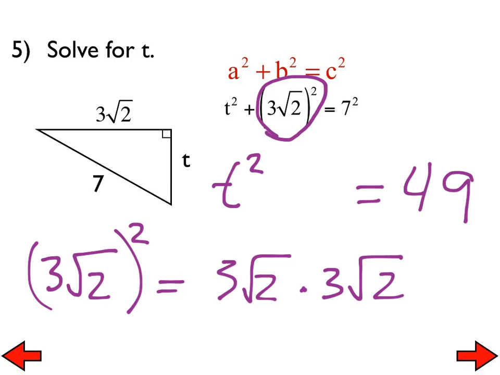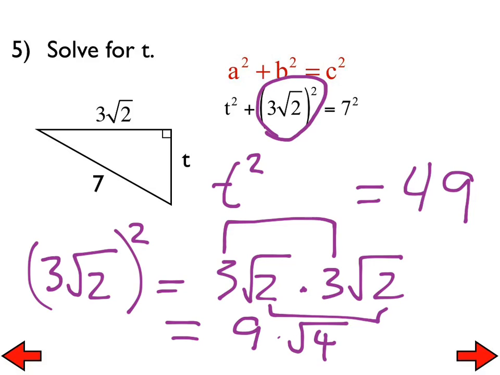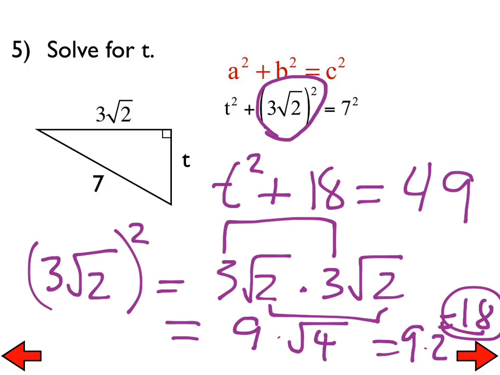We can multiply non-radical times non-radical and radical times radical. And once again, this is the long way of getting there. 9 times the square root of 4 is 9 times 2, and that is 18. So 3 square roots of 2 squared is 18. That's what this side squared is, 18.